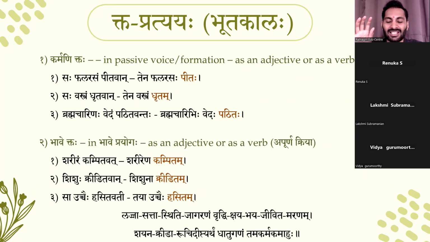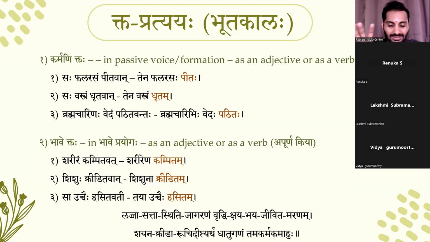So basically lajja. Whenever you find a lajjarthak dhatu, there might be one, there might be many, like vridati, lajjate. Satta, sattavachak, any dhatu you find, for example asti, bhavati, vidyate, vartate. This kind of dhatus are called sattarthak dhatu, right?